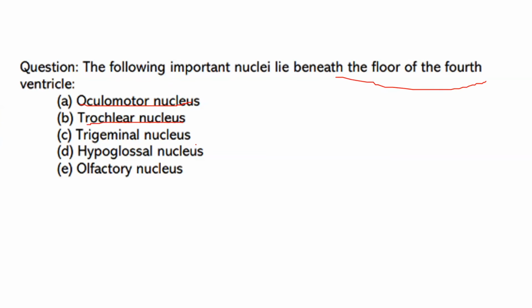The trigeminal nucleus is within the pons. The olfactory nucleus is above the brainstem, so it's not associated with the fourth ventricle. The answer here is D for this one. Okay.